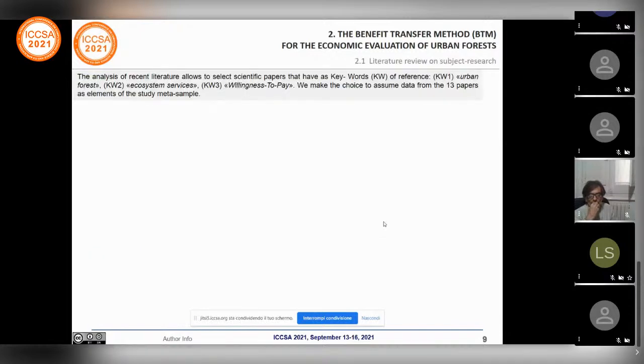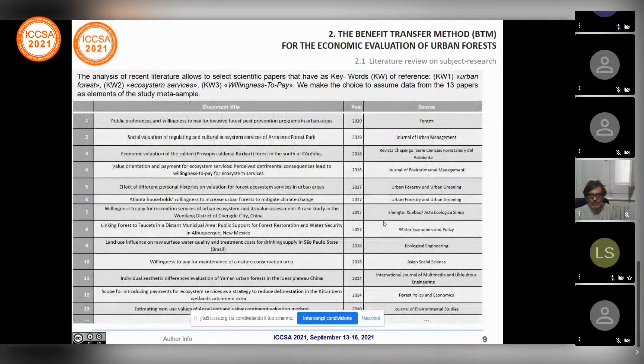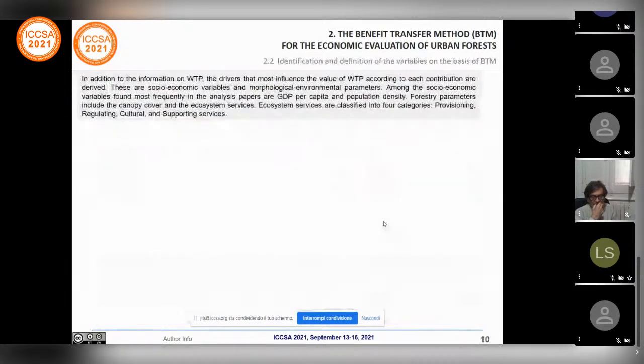So the literature review was developed, investigating the principal databases such as Scopus, inserting specific keywords like urban forests, ecosystem services, willingness to pay. We collected some references that we studied in order to define the principal meta-analytic variables to be considered in the construction of the benefit transfer value with regard to the urban forest.